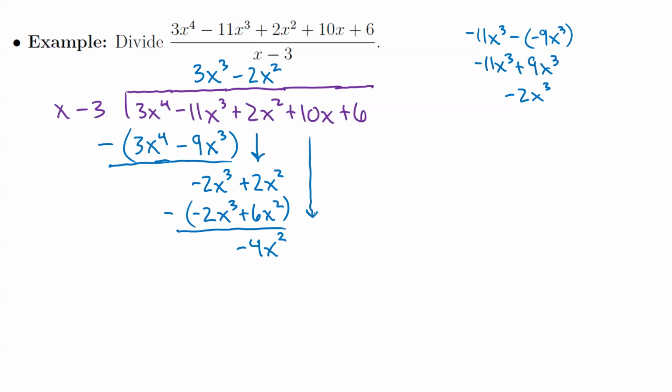Drop down my 10x. So x times negative 4x gives me negative 4x squared. And negative 4x times negative 3 is plus 12x.